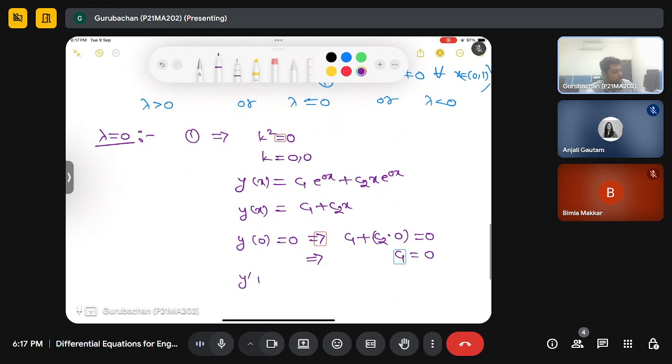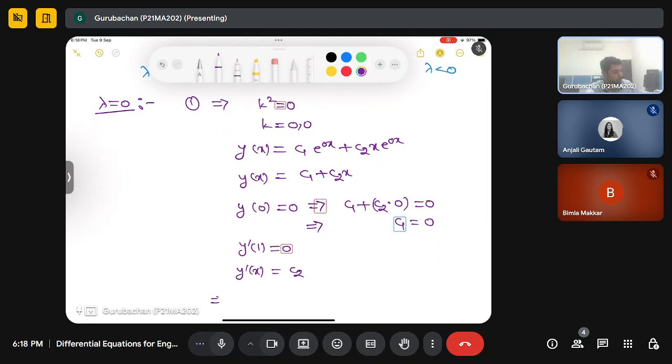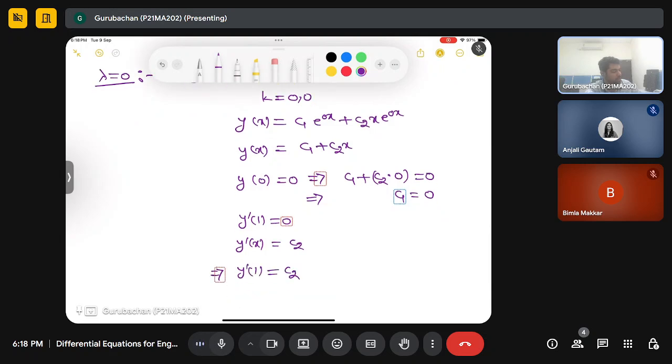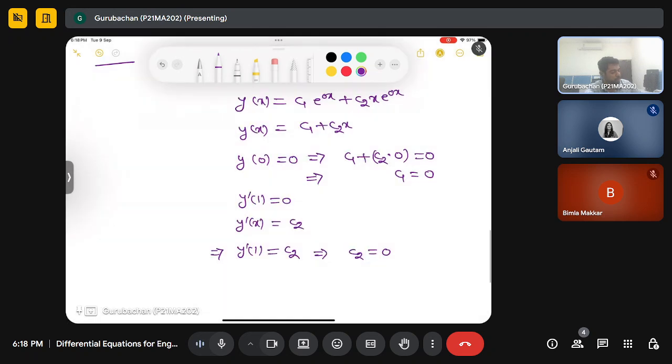y dash 1 is 0. So what is y dash x? y dash x is nothing but c2. So this will imply that y dash 1 will be c2, and from this condition you will get that c2 will be nothing but 0. So that means y(x) is 0 on the whole domain.